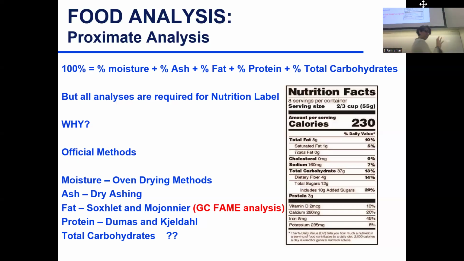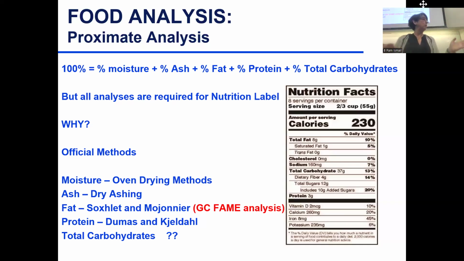So all of these organizations have validated methods that we can use for nutrition labeling. So for moisture, oven drying methods such as vacuum oven and forced air draft oven are official methods of analysis for a lot of foods.